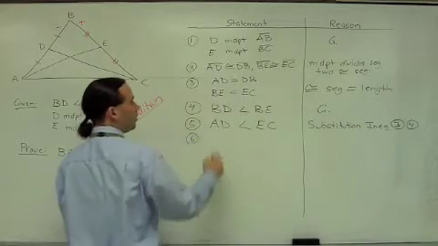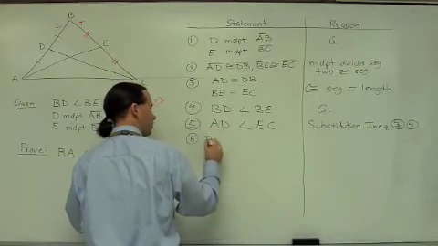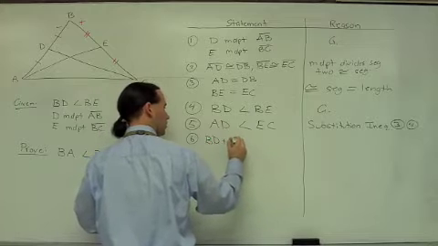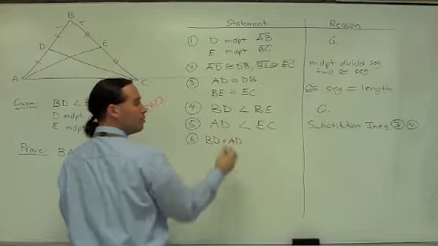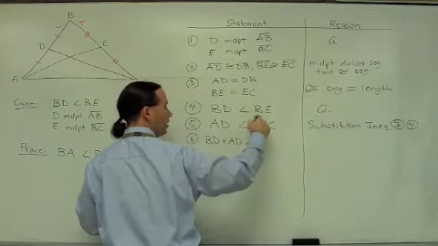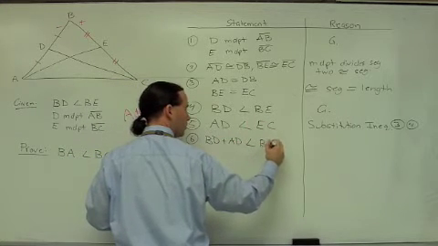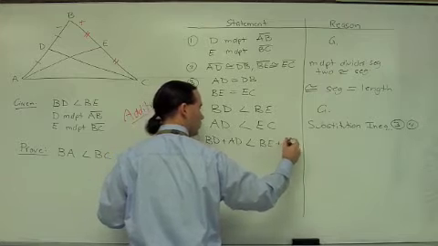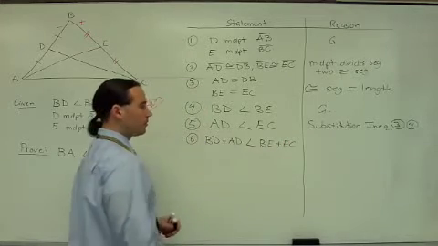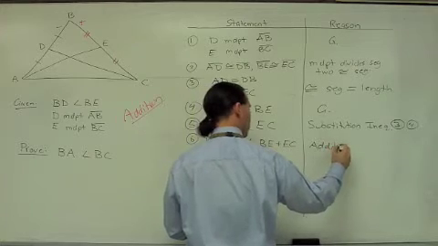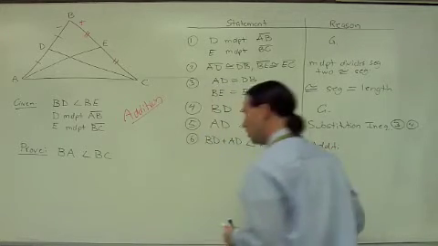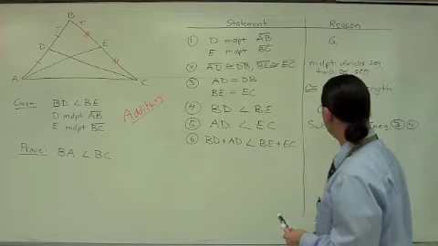We're going to say BD plus AD is less than, right, they're unequal in the same order, BE plus EC. That's addition. Oh, excuse me. With this one, you really need to be a little bit careful.